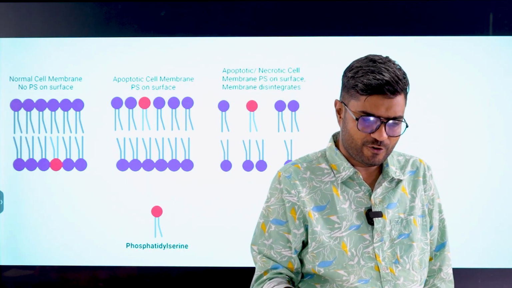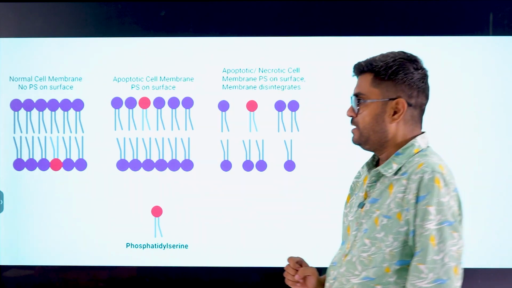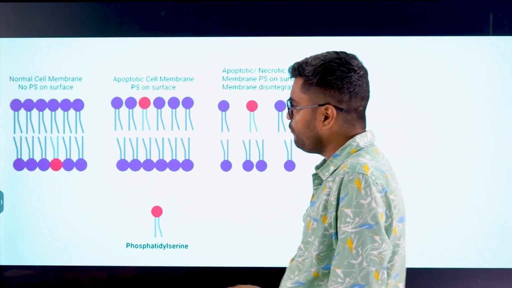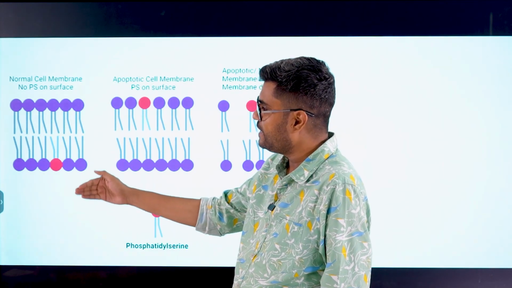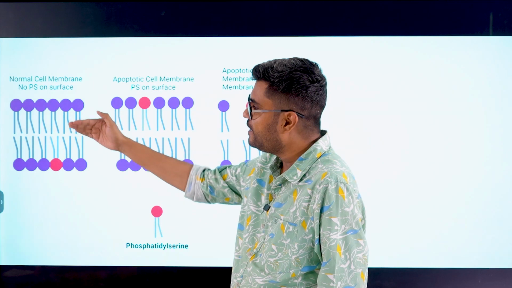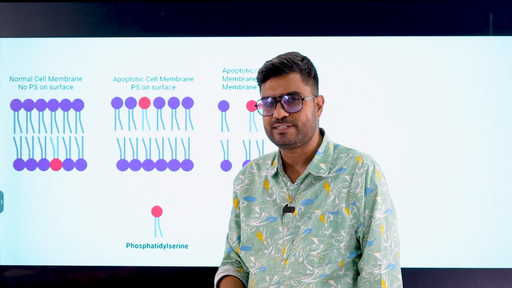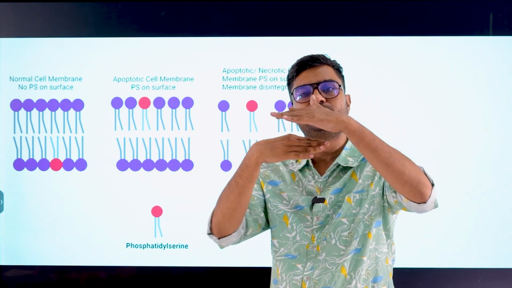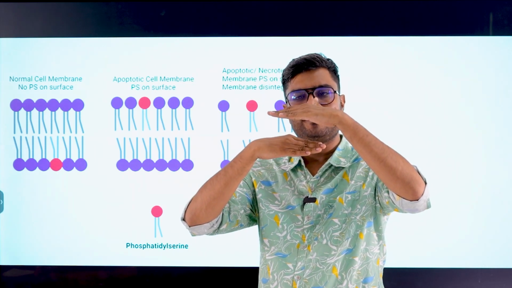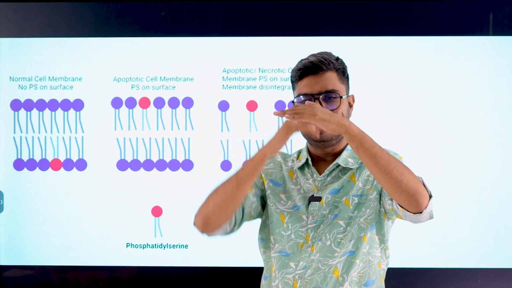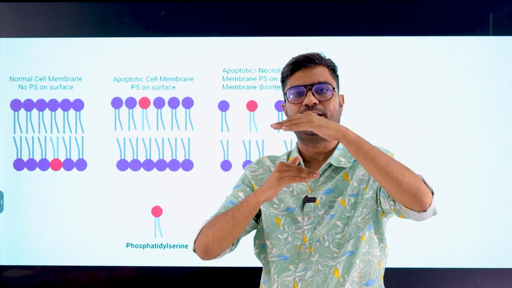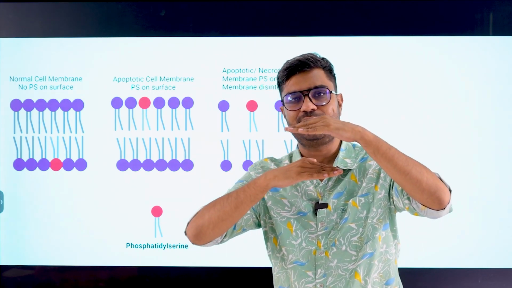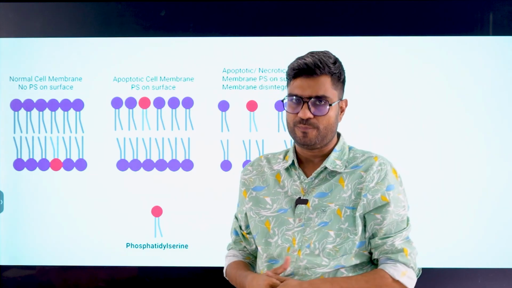What is the speciality of phosphatidylserine? In normal healthy cells, the phosphatidylserine is present in the inner leaflet of the membrane, towards the cytoplasm. If this is the plasma membrane, this is the outer part and this is the inner part. The phosphatidylserine will be present in the inner leaflet, towards the cytoplasm.